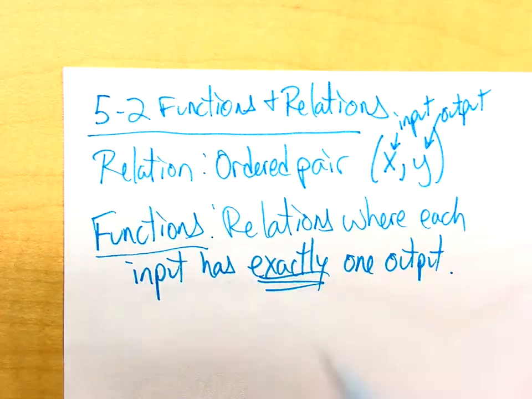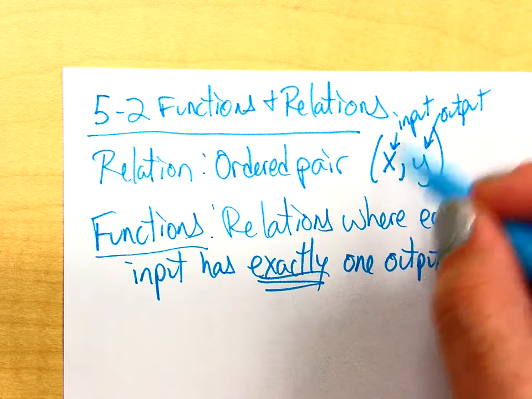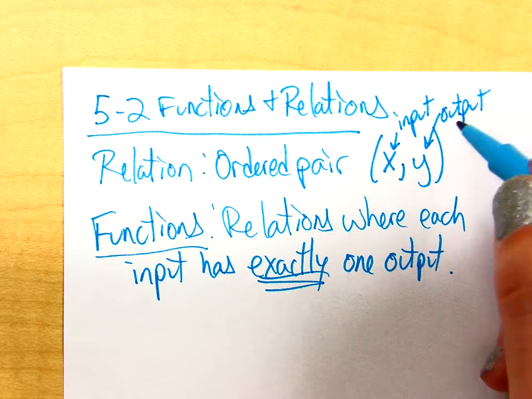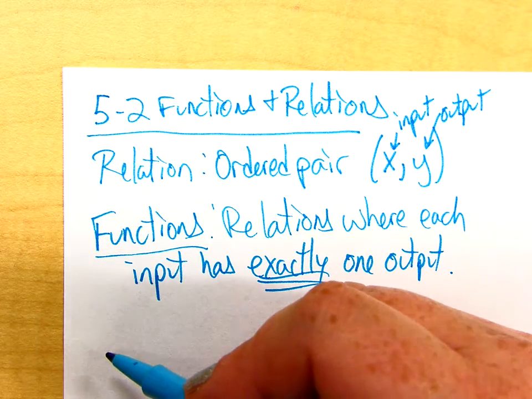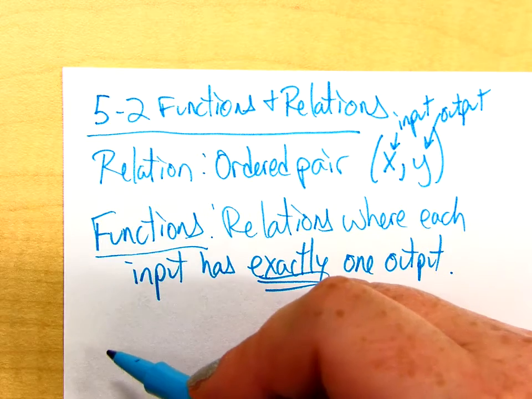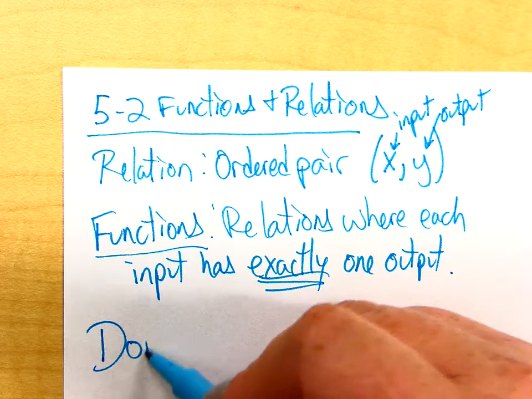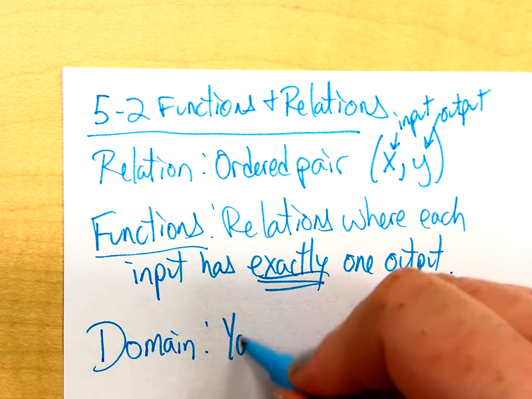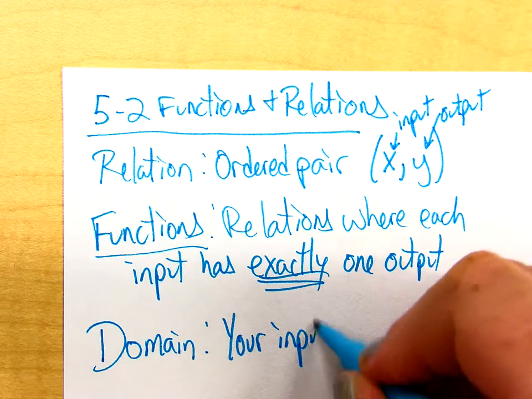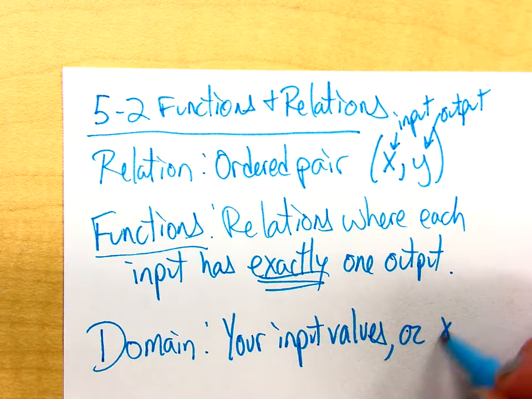Okay, so a couple more things. I noted here that we call X input and Y output. It gets a little confusing because we can also refer to the X as the, so everybody remember? Starts with a D. Domain. So these are your input values, or X's.